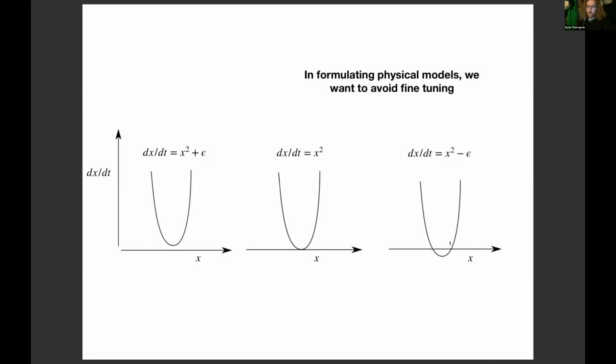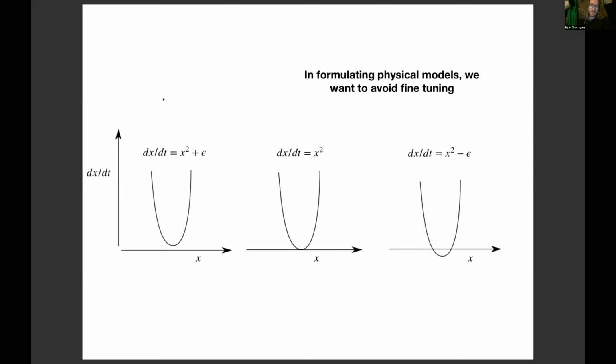And this is also a fixed point, but it's an unstable fixed point. If we're on this side of the parabola, the points are flowing to infinity. If they're on the other side of the parabola, they're flowing to the other fixed point. So these 2 behaviors for plus epsilon and minus epsilon are completely different from each other. So if you wanted to say that this was the model, you would have to have some deeper reason why you can't add something like a small epsilon.